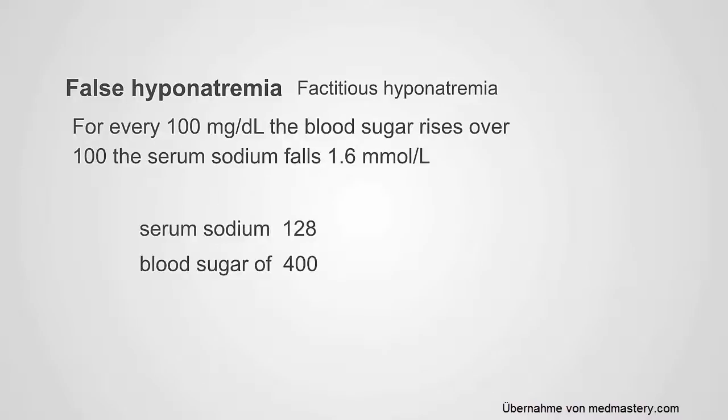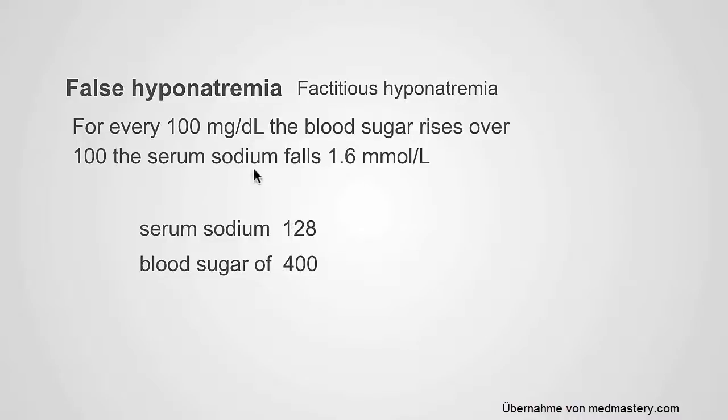One of the interesting things about factitious hyponatremia, or hyponatremia due to hyperglycemia, is that the degree of hyponatremia is predictable. You can figure out what the serum sodium would be if the hyperglycemia was gone. So suppose you had a patient with a sodium of 128 and a blood sugar of 400.